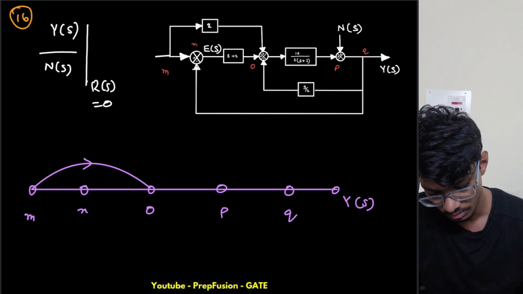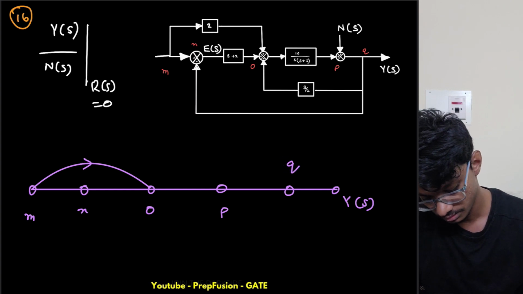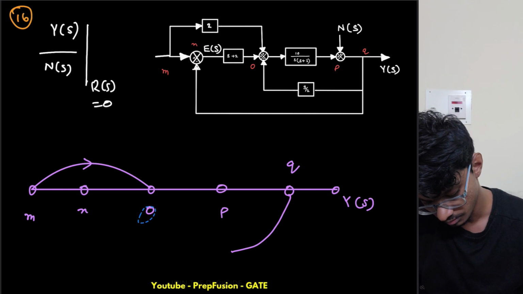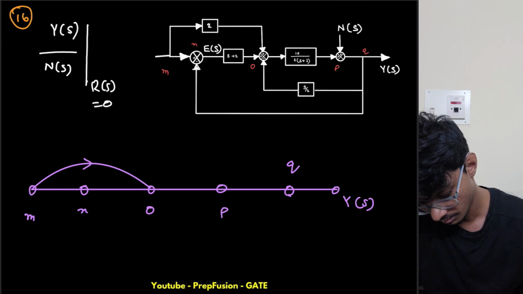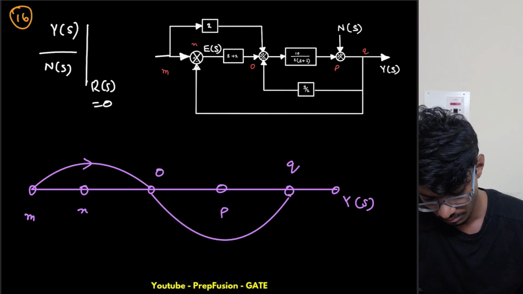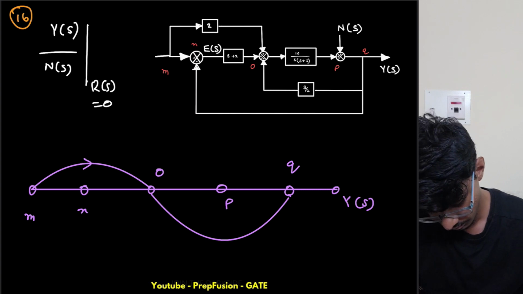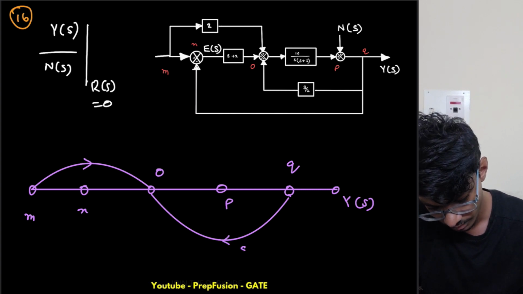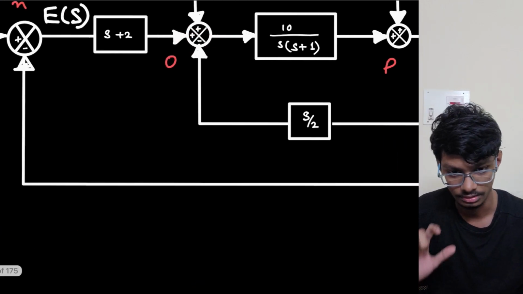Now between Q and O we have a gain of S by 2, but it is in negative sign, so we write minus S by 2.